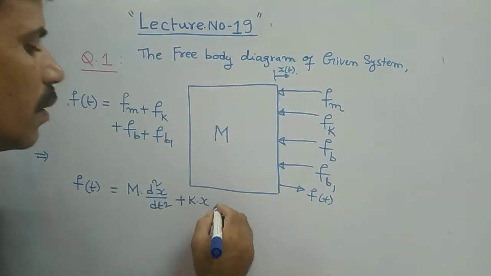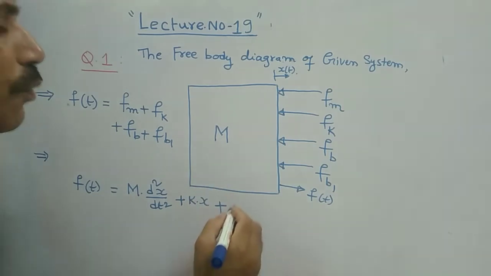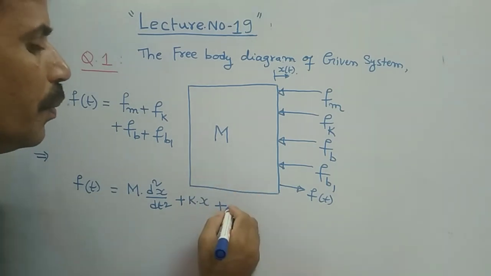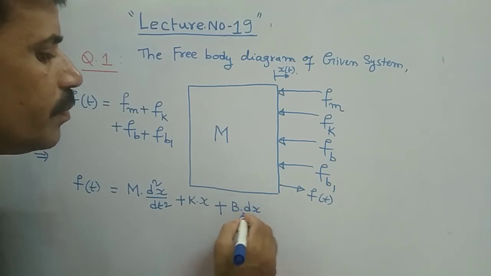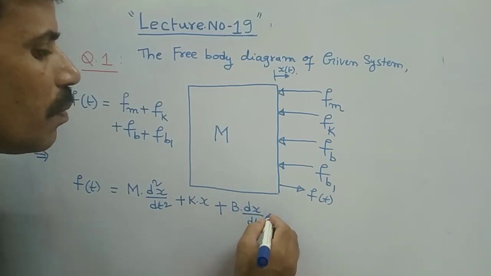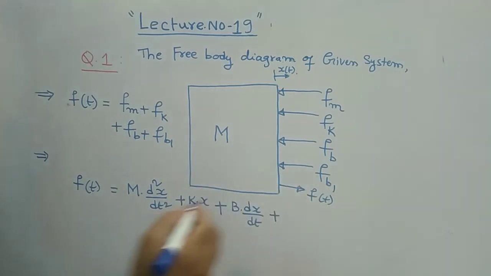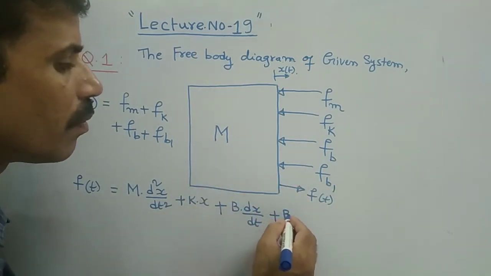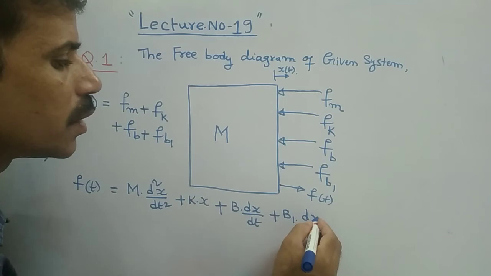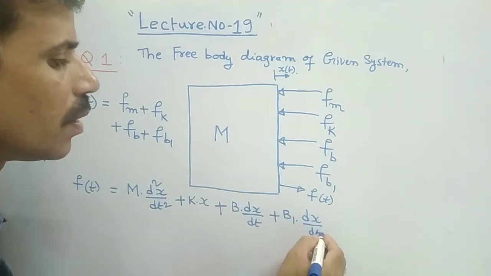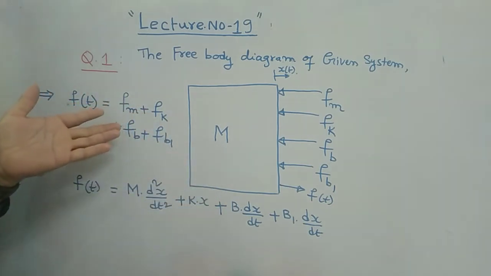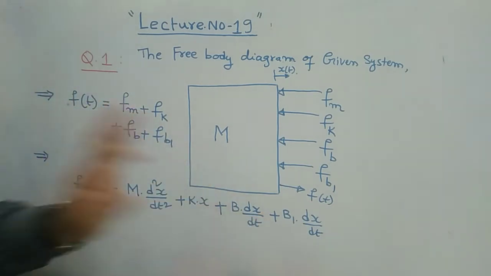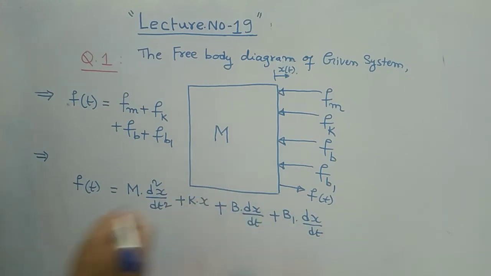Plus what is Fb? That is b into dx by dt. Plus Fb1, that is b1 into dx by dt, because both have the same purpose, that is friction, the dash part. Both b's have the same meaning. So this is what it is.